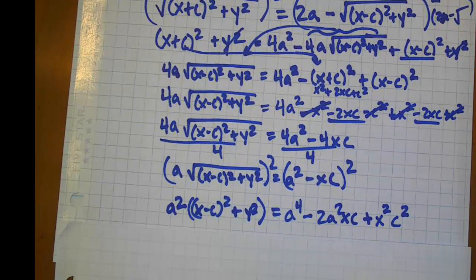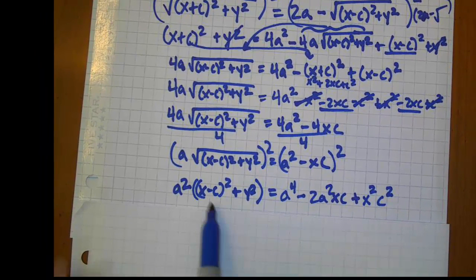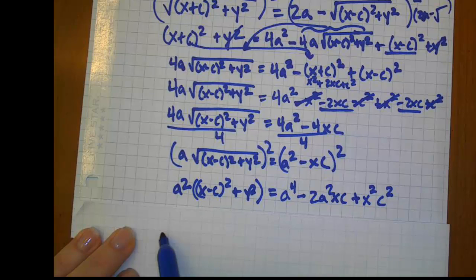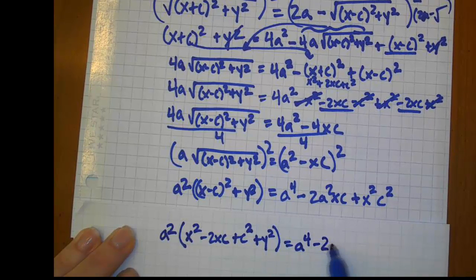Okay, so I'm going to have to shift to a new piece of paper here momentarily. All right, what I'm going to do next is I'm going to FOIL that out. So I am left with a squared times x squared minus 2xc plus c squared plus y squared equals a to the fourth minus 2a squared xc plus x squared c squared.